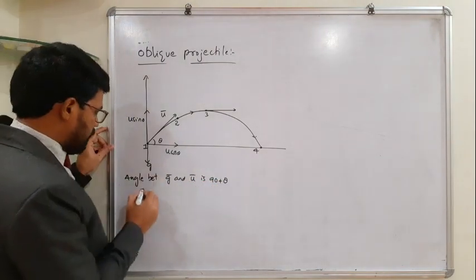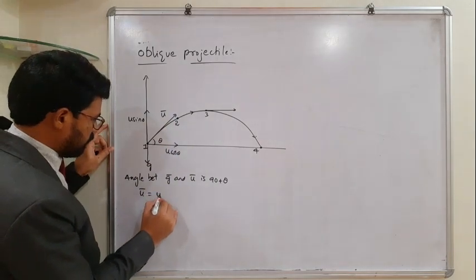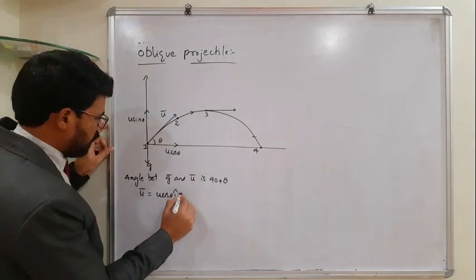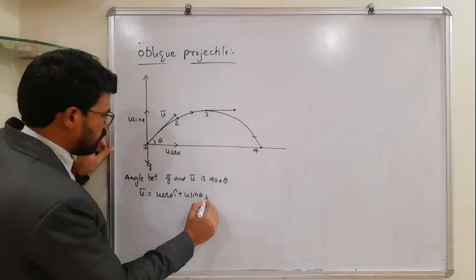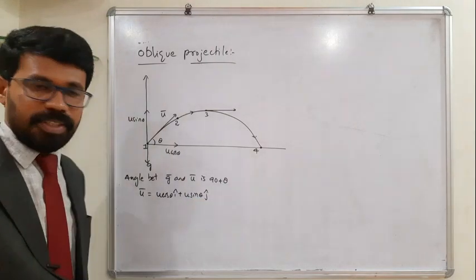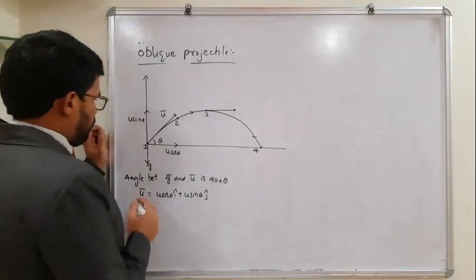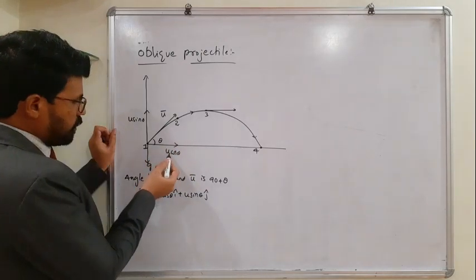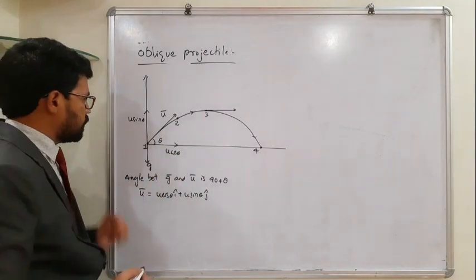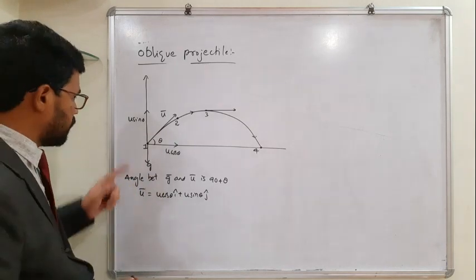The other thing is this u bar is expressed as u cos theta into i cap plus u sin theta into j cap, isn't it? So the horizontal component of velocity is u cos theta, and the vertical component of velocity is u sin theta. So these are a few points connected with this one.